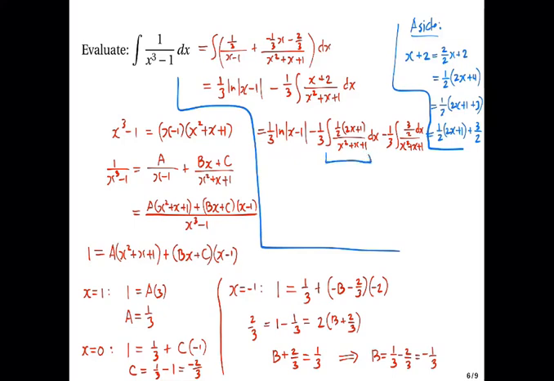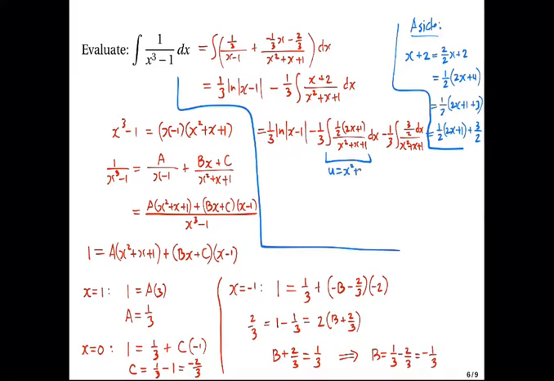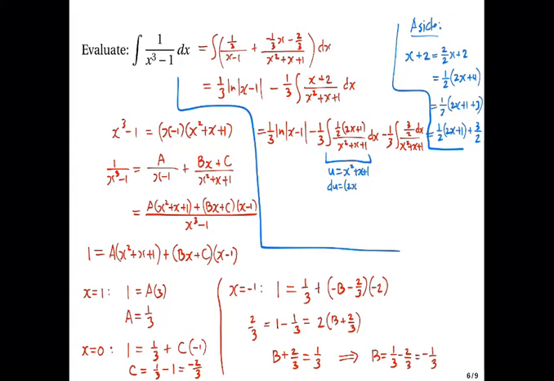Here you will have u equals x squared plus x plus 1, du equals (2x plus 1) dx, which gives us, for this part, 1/3 ln absolute value of x minus 1, minus (1/3 and 1/2, that's your 1/6) ln absolute value of x squared plus x plus 1.